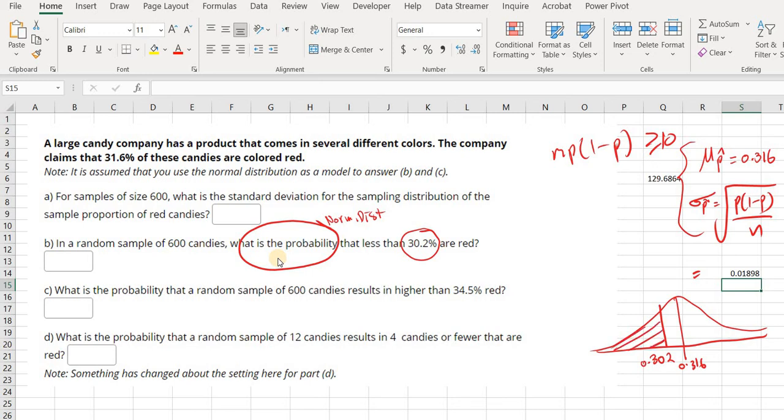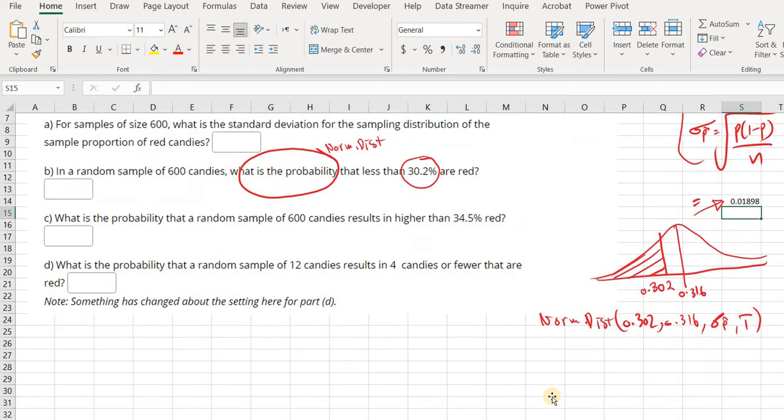So to find that area, I'm going to use norm dot distribution of 0.302, comma the mean 0.316, comma the standard deviation we computed, which is this value right here, comma true, to find the answer.